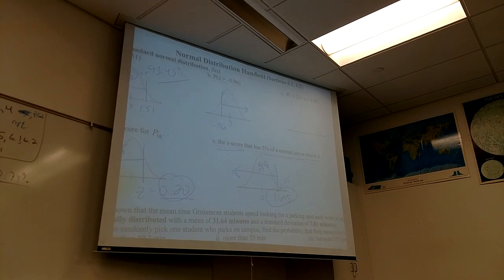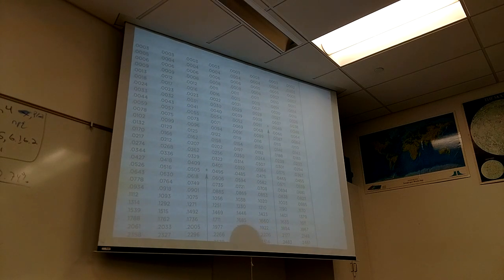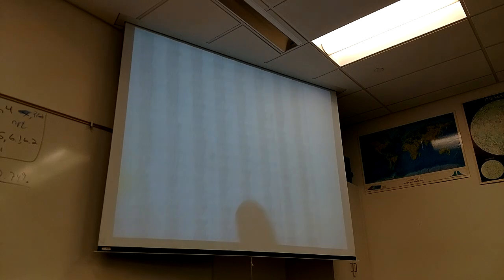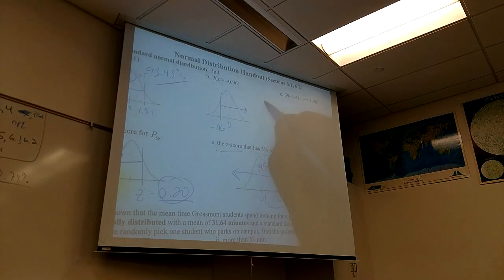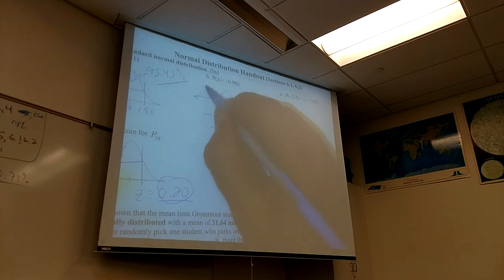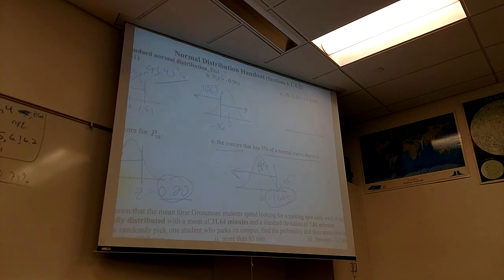So if I look up negative 0.96, I get 0.1685. So you got 0.1685. Where's that go in the picture? Always below. Whenever you look up a z-score and you get an area, it always goes below the z-score you just looked up.